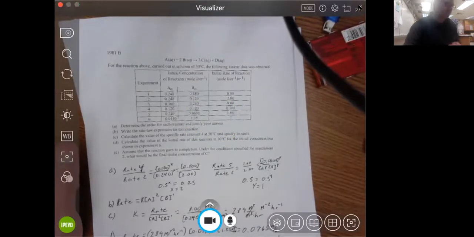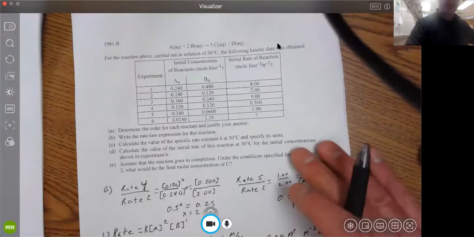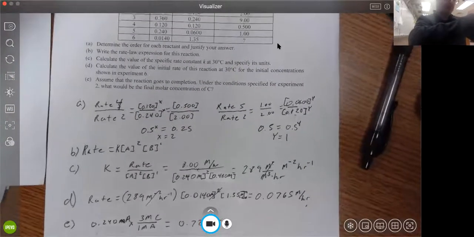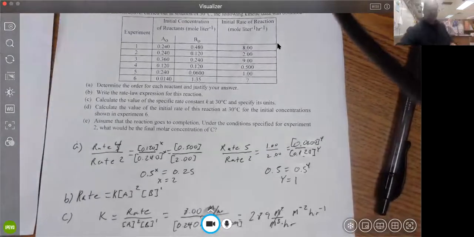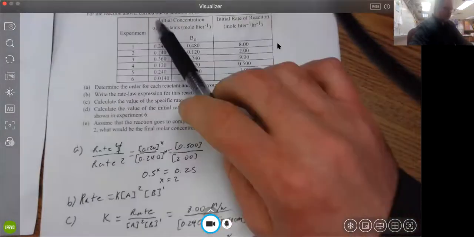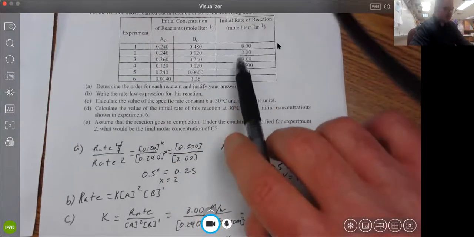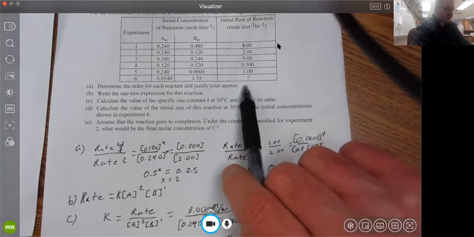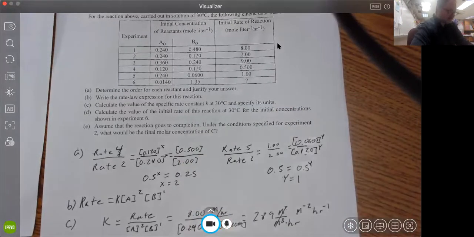All right, so if we take a look here, and I will go ahead and put the answers to all of these free response questions up there, probably by Friday. But basically, it's very similar to the one we did together earlier in the week. They give you 6 experiments. You're given the initial rate of the reaction and the initial concentration of the reactants.